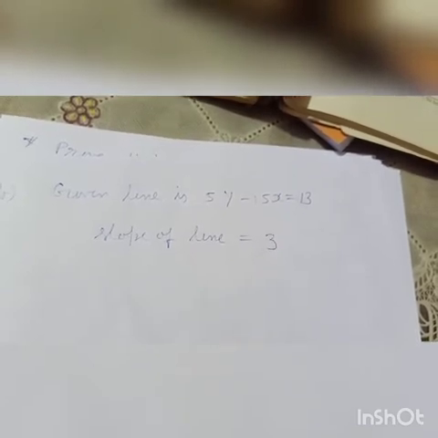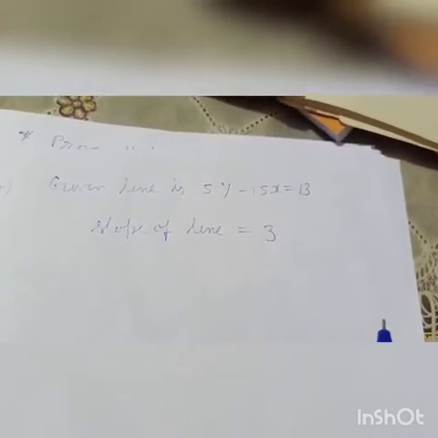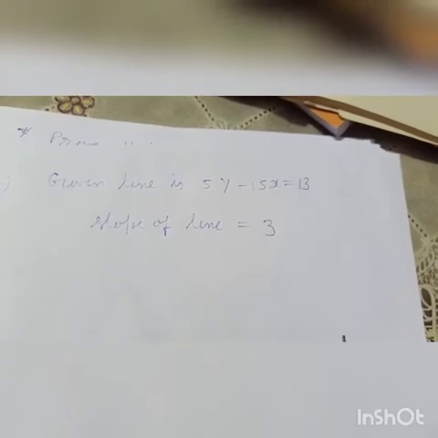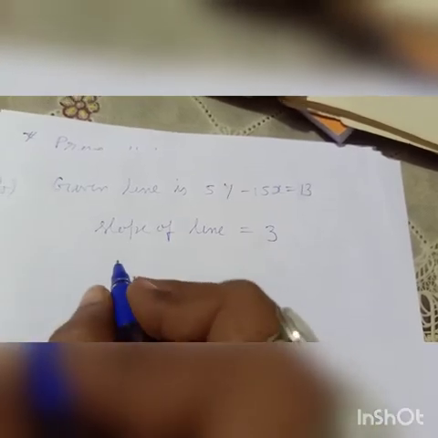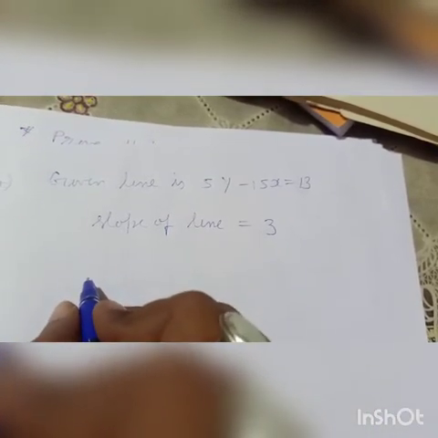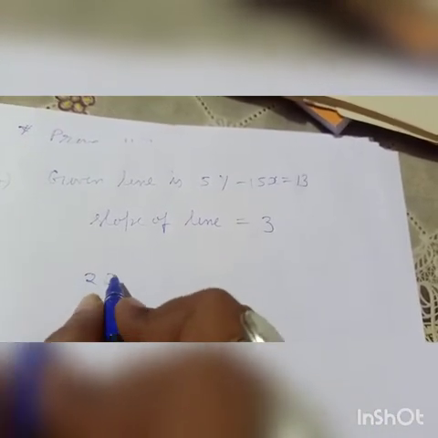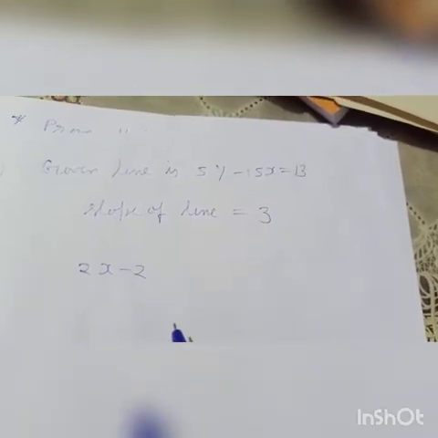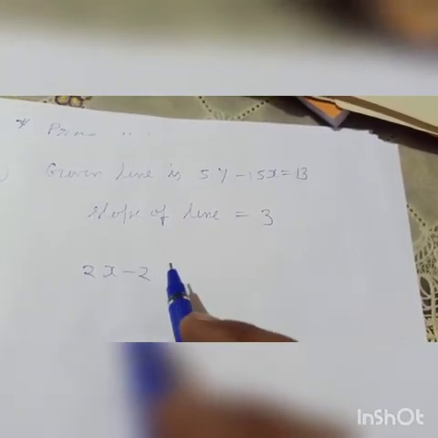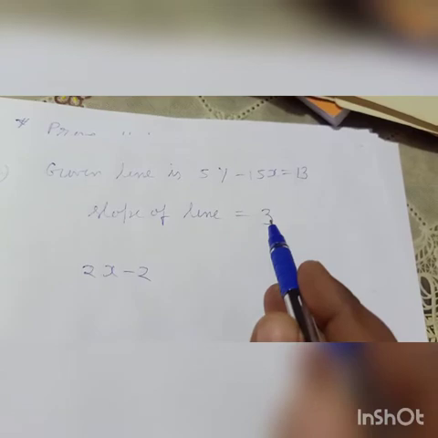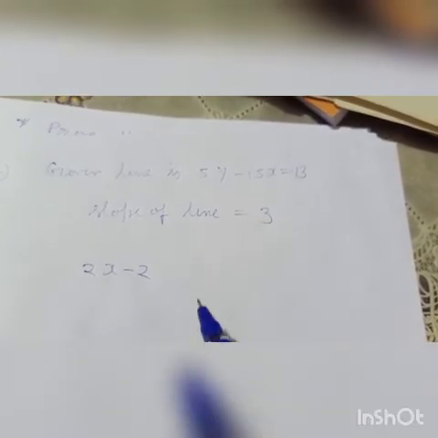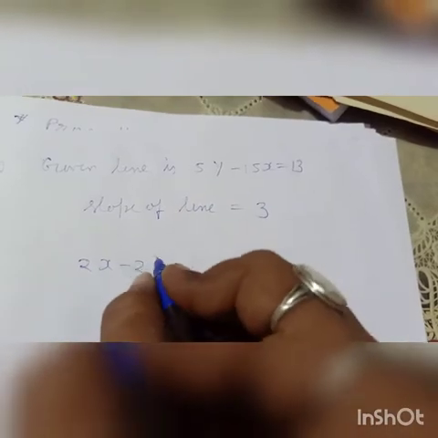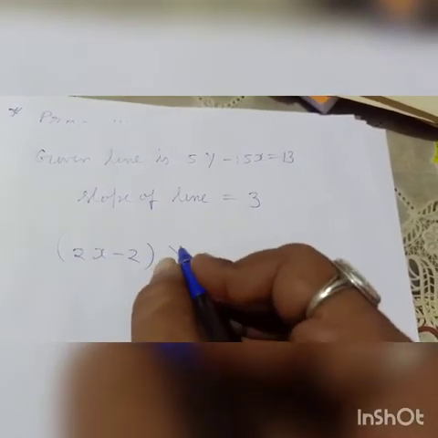Now what is being said is that the tangent is perpendicular to this line. The slope of tangent we have found out already from the given curve: 2x minus 2 was the slope of tangent, and this is the slope of the line. This line and this tangent are perpendicular, therefore the product of their slopes is minus 1.